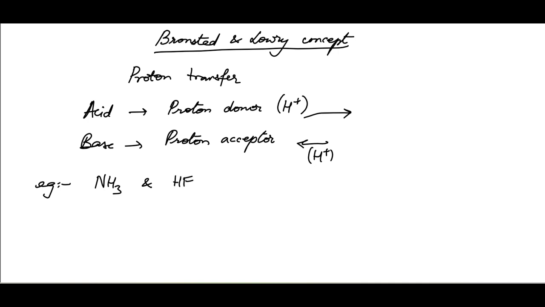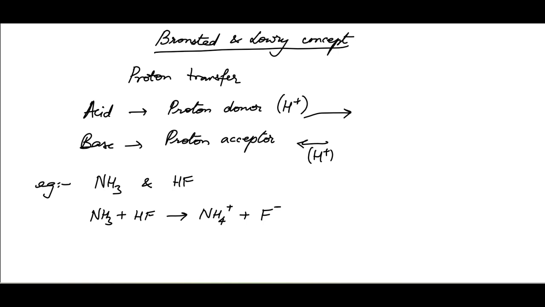Hydrogen fluoride is a strong acid. Ammonia reacts with hydrogen fluoride and we get the ionic form first. Ammonia converts into ammonium ion NH4 plus and hydrogen fluoride gives F minus. So NH3 plus HF gives NH4 plus and F minus.